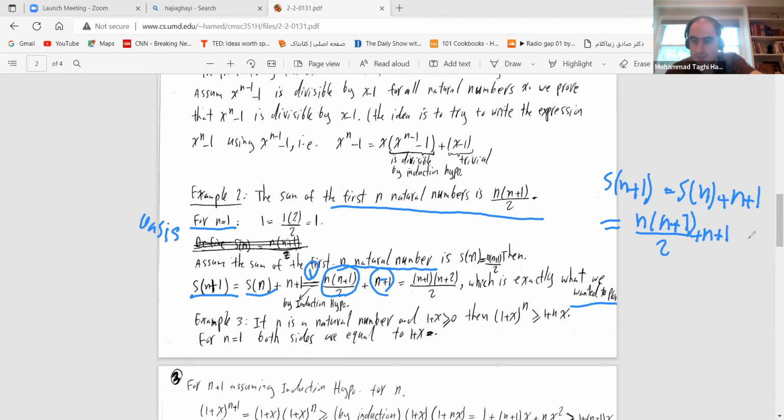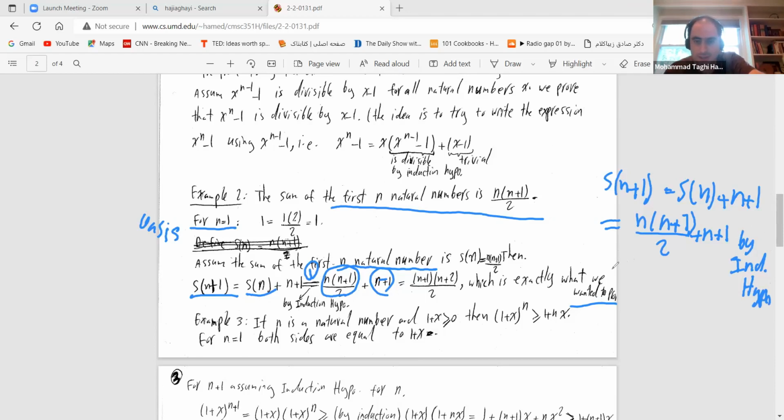And then here they will say by induction hypothesis. So at the end of the line, you are writing this.